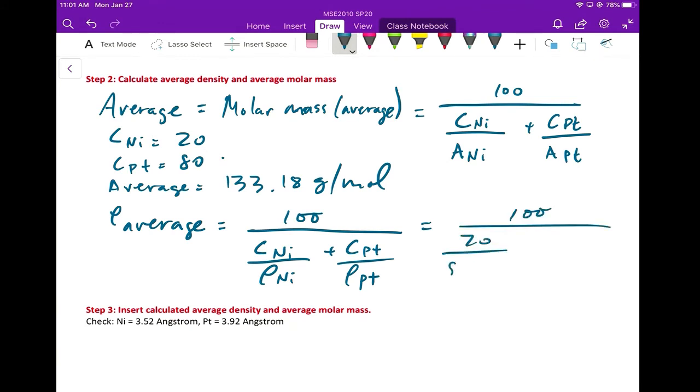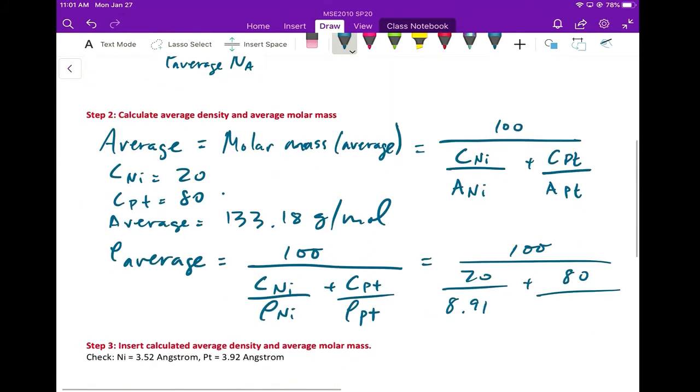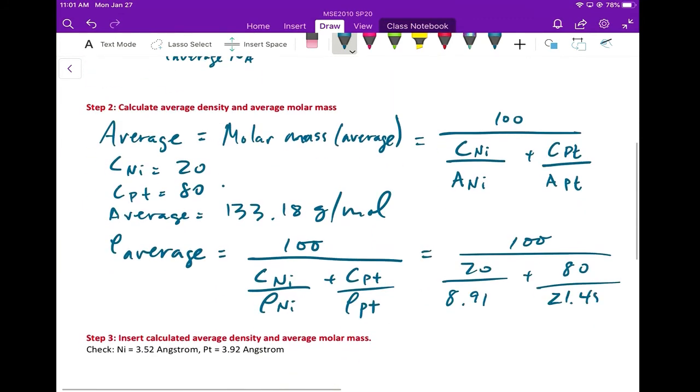So if you plug that in, this is 21.45. Okay. So this will give you something like 16.74 grams per milliliter or cubic centimeters, same difference. Okay, let's look at this number. Okay, let's look at 16.74. Does it physically make sense to you?